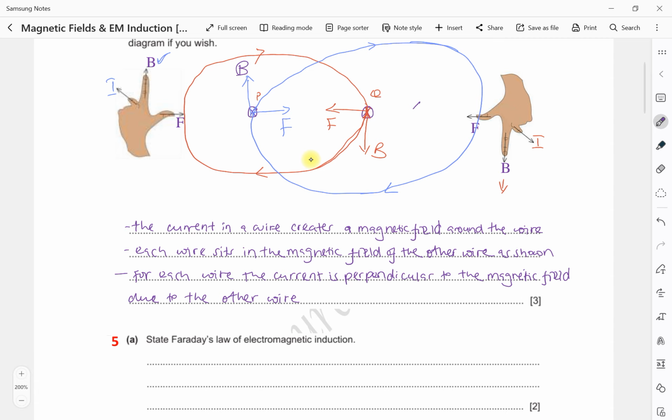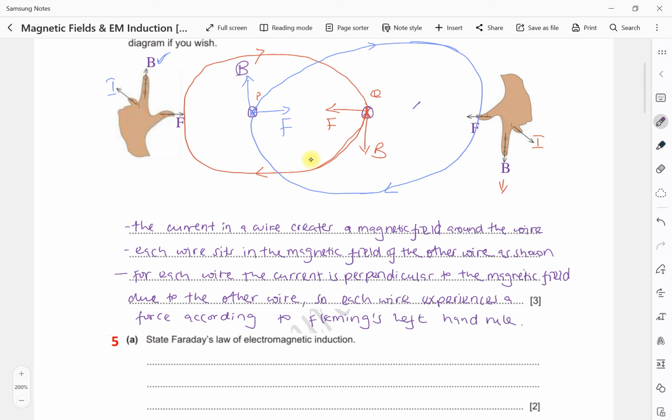So, according to Fleming's left-hand rule, each wire experiences a force according to Fleming's left-hand rule.